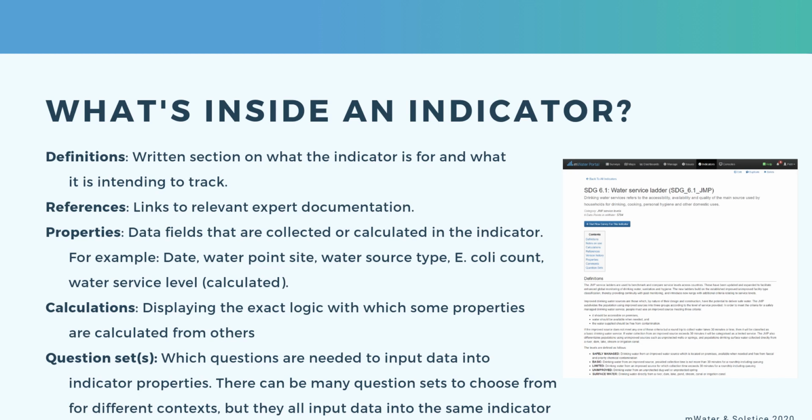Finally, as we briefly saw, question sets. So which are the questions that you have to fill in to input data into these indicator properties? Now note that there can be more than one question set to choose from if you have different contexts. So you might have a country A question set and then a country B question set because they're slightly contextualized differently, but they ultimately lead in this example to the same service level options.